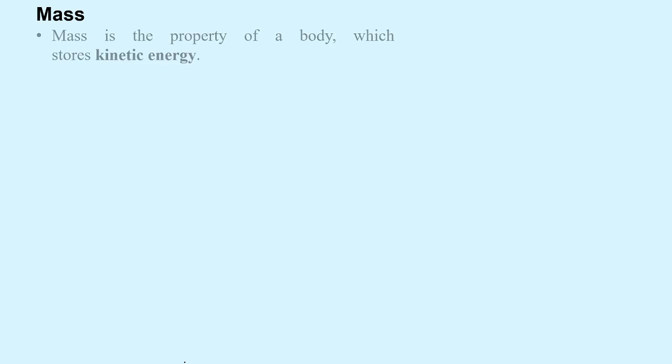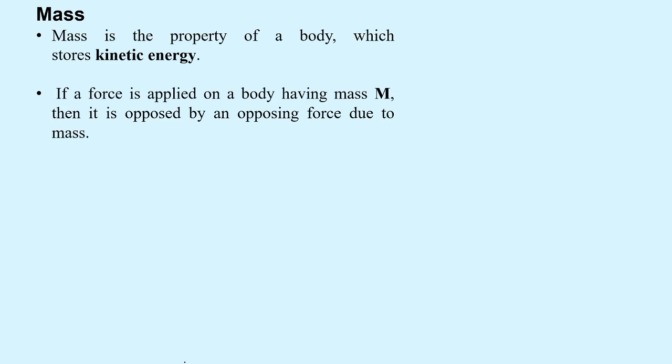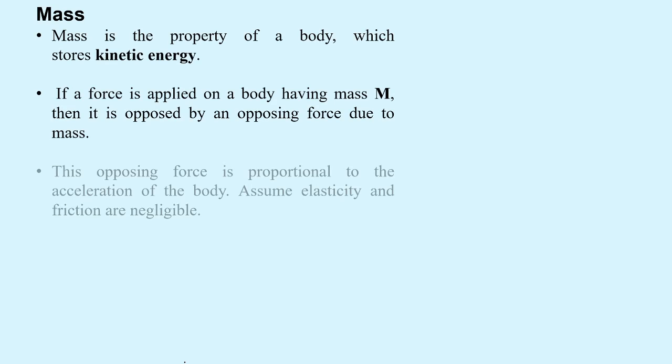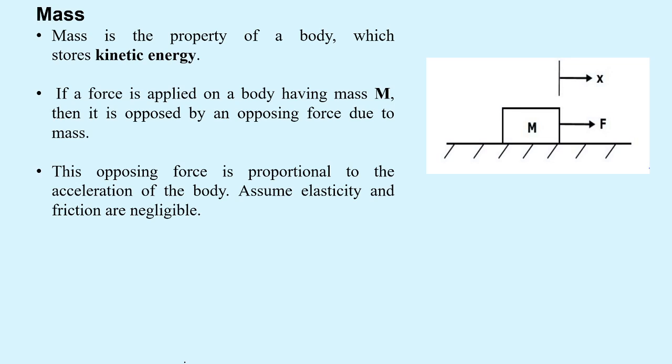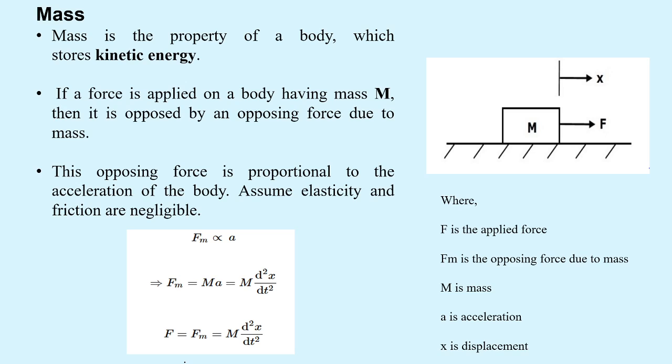Now mass. Mass is a property of a body which stores kinetic energy, and this force is directly proportional to the acceleration. Therefore, by using the law of proportionality, F is directly proportional to A, where A is the acceleration and x is the displacement.